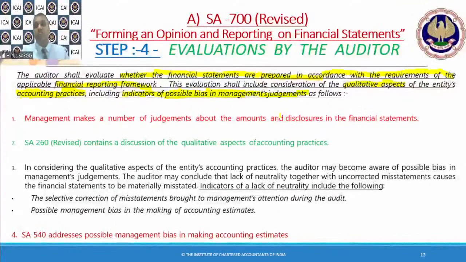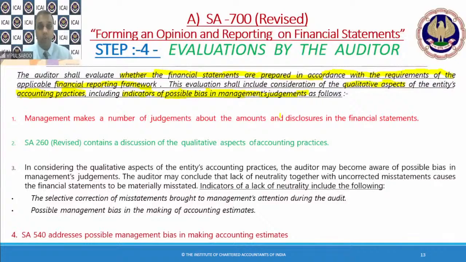No, we will not show the fixed assets at historical cost. We'll show them at replacement cost or as per the present value. That will give a good view of the financial health as on a particular date. The fixed assets will be inflated. Why does the management want to do that? So there are some indicators of possible bias in the management's judgments.